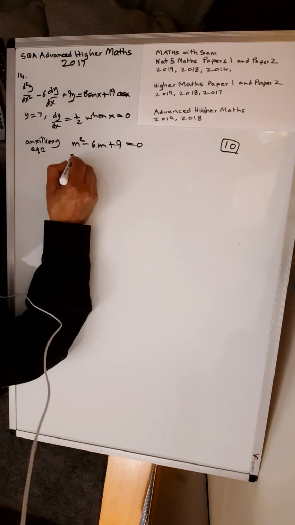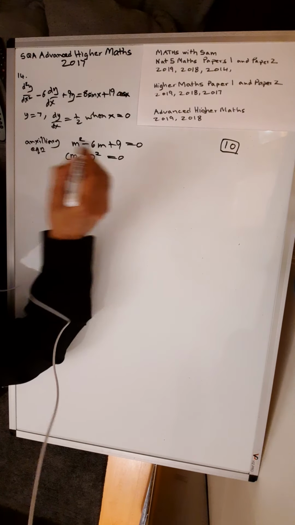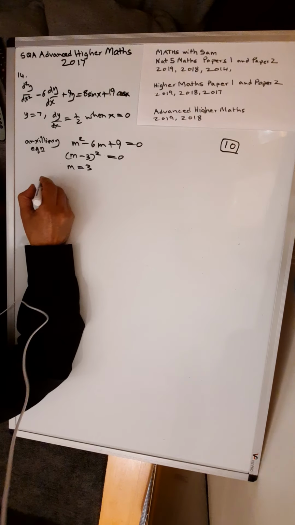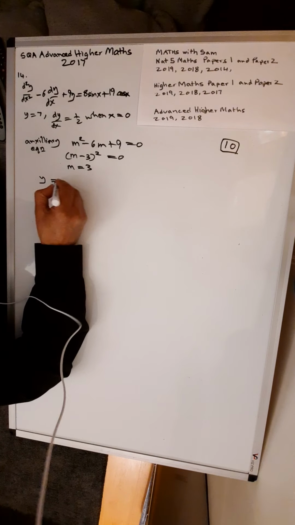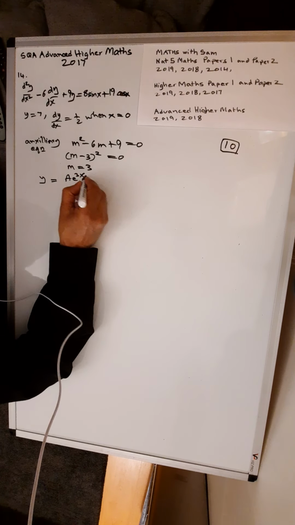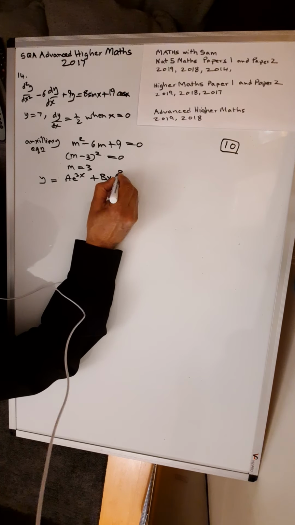You factorize this, you get m minus 3 all squared is equal to 0. So the only root is m equals 3. So that means that y is equal to a e to the 3x plus bx e to the 3x.